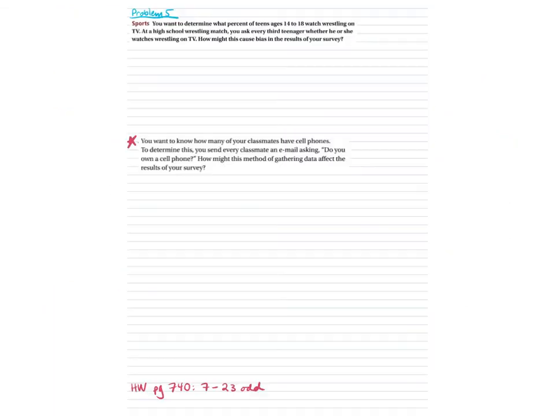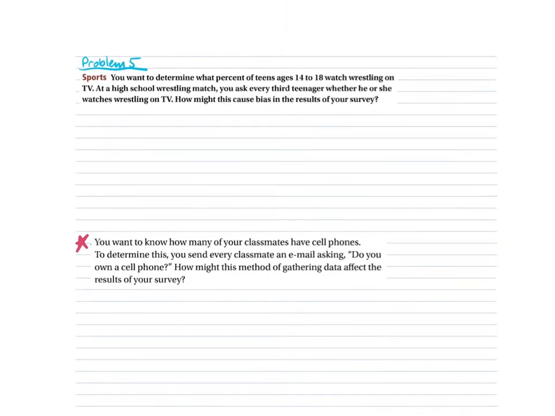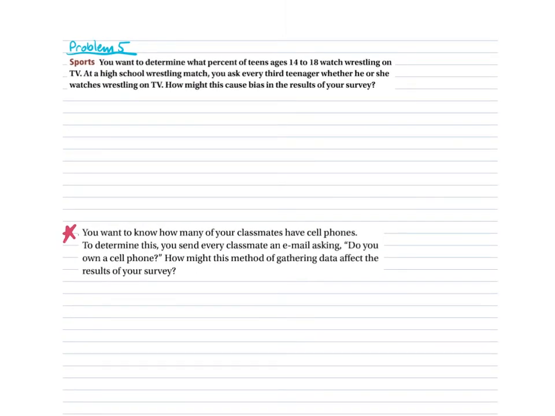Okay. And the last problem. You want to determine what percent of teens from 14 to 18 watch wrestling on TV. At a high school wrestling match, you ask every third teenager whether he or she watches wrestling on TV. How might this cause bias in the results of your survey?